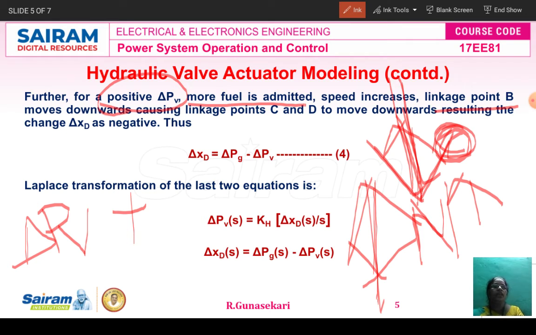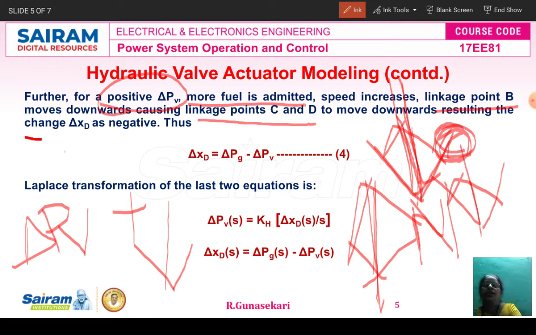Then the linkage point B moves downward, that is the speed governor movement is downward. So the linkage points C and D move downwards, and therefore the resulting del XD is negative.